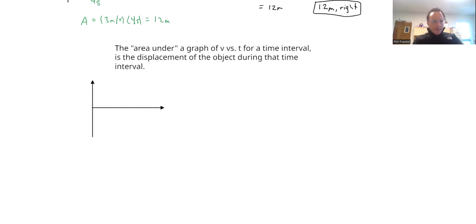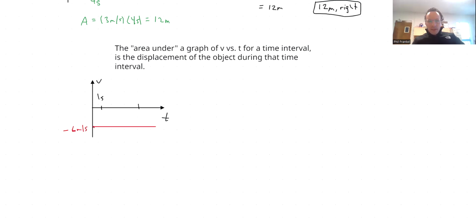For instance, suppose the velocity versus time value were negative 6 meters per second. And suppose further that we're interested in the time interval from 1 second to 5 seconds.